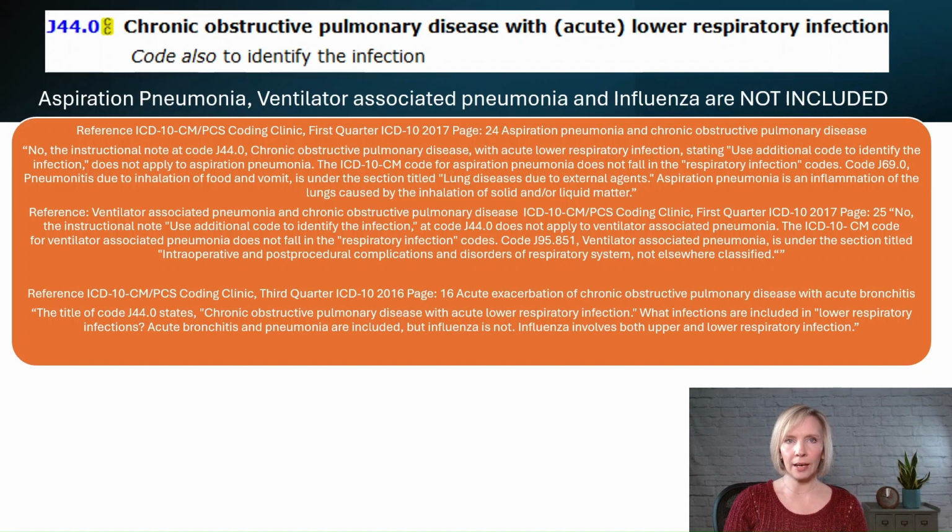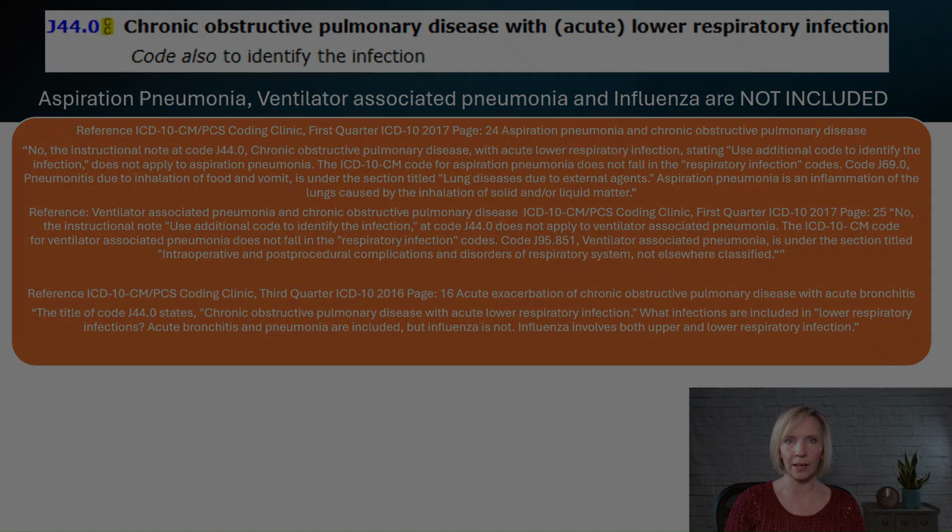This is because the ICD-10 codes for these two forms of pneumonia do not fall within the respiratory infection codes. Rather, the code for aspiration pneumonia is listed under the section titled Lung Diseases Due to External Agents, and the code for ventilator-associated pneumonia is under the section titled Intraoperative and Post-Procedural Complications and Disorders of the Respiratory System Not Elsewhere Classified.